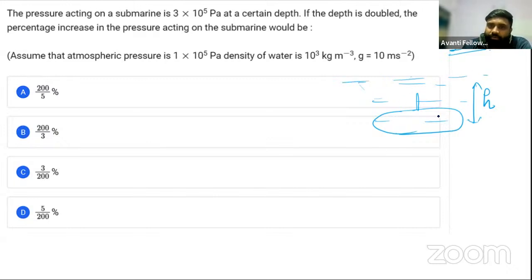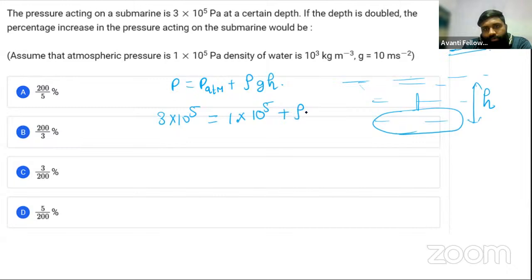So the pressure acting on it will be P atmospheric plus rho g h, which is given to you as 3 into 10 raised to the power 5 Pascal. Okay. So P atmospheric is 1 into 10 raised to the power 5, which is given to you, plus rho g h.